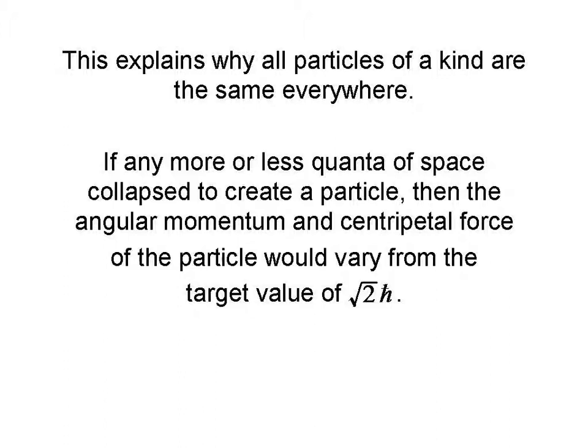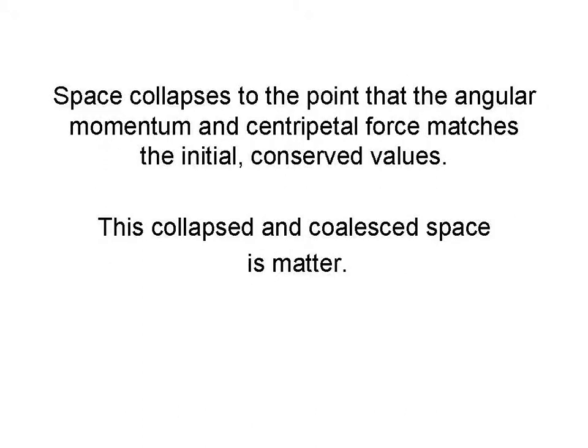If any more or less quanta of space collapsed to create a particle, then the angular momentum and centripetal force of the particle would vary from the target value of the square root of 2 times h bar. Space collapses to the point that the angular momentum and centripetal force matches the initial conserved values. This collapsed and coalesced space is matter.